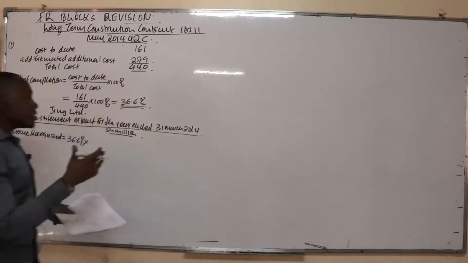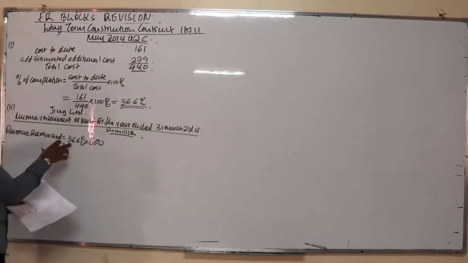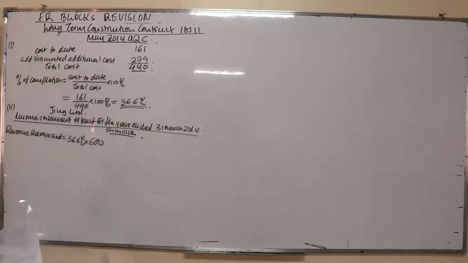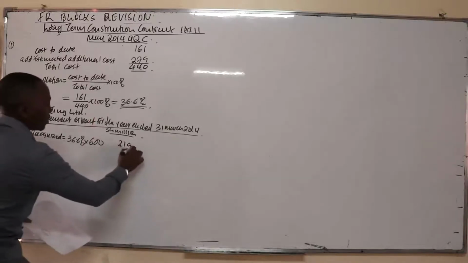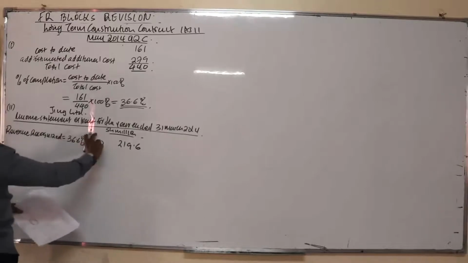We are at the end of the first year, 36.6% through. So that means we can recognize a revenue of 36.6% of that 600. So 0.366, you multiply by 600, you get 219.6. To get the revenue recognized, you take percentage of completion times the contract price.